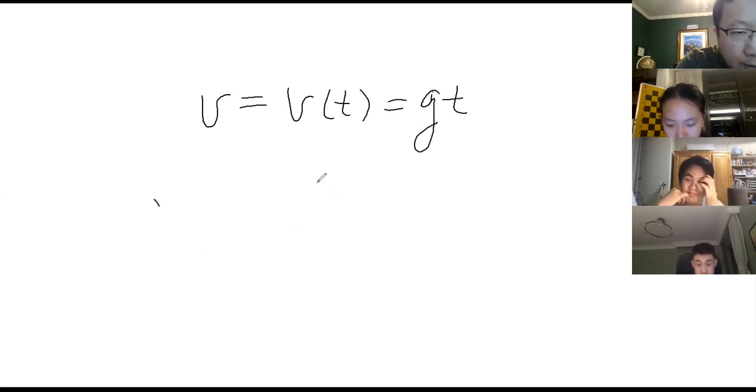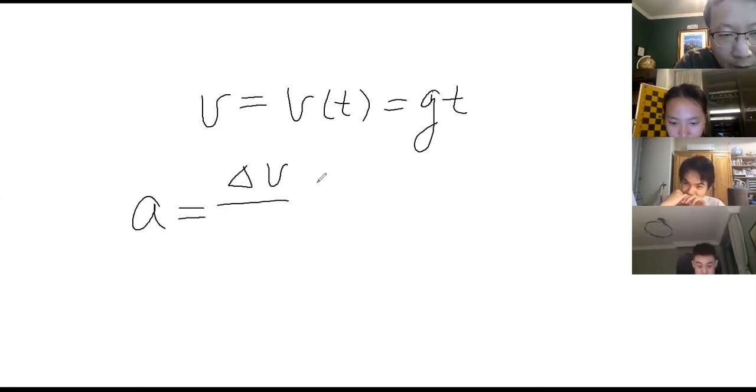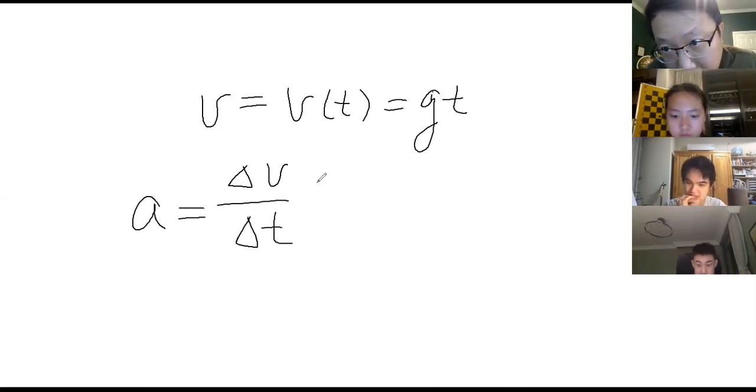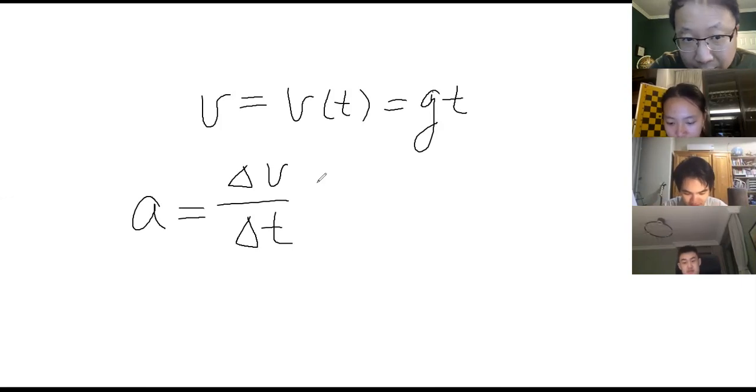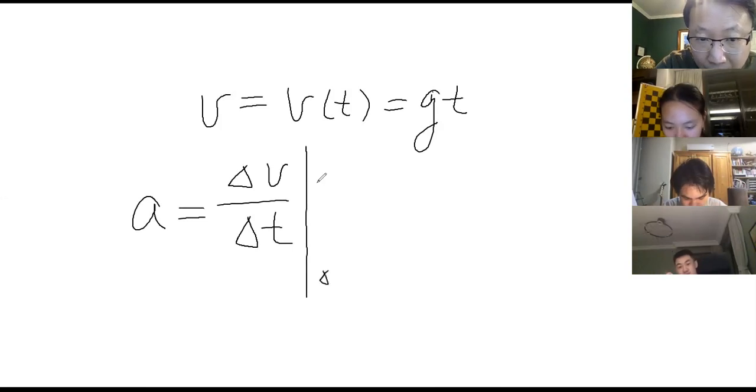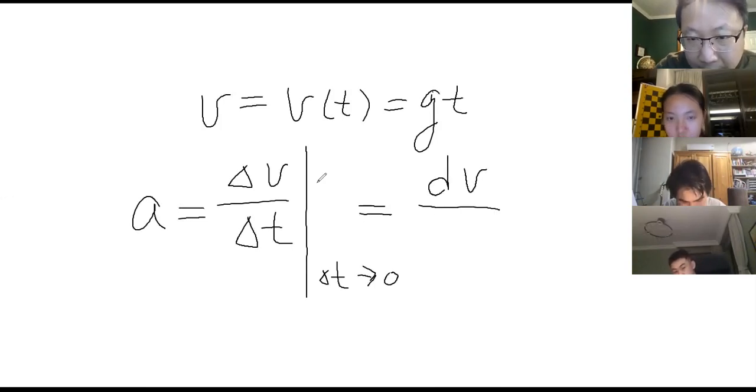The definition of acceleration, a, is delta v over delta t: within a certain time interval, how velocity changes. Before, it was how distance changes, which was the velocity. Now it's how velocity changes, which is acceleration. But I also want you to do the same thing, delta t approaching 0. Therefore, we can write it as dv dt. So acceleration becomes dv dt.